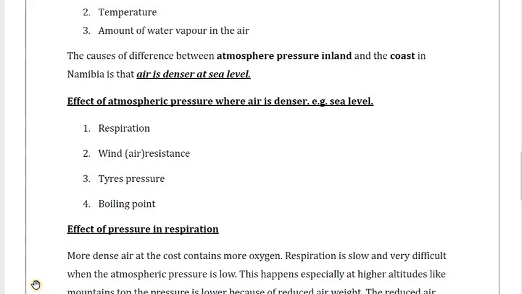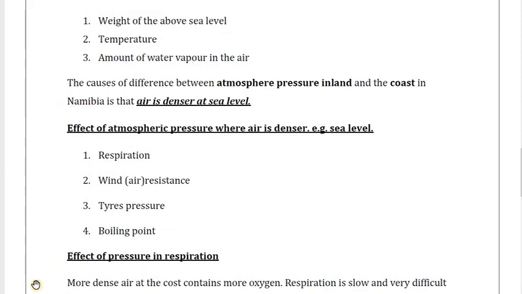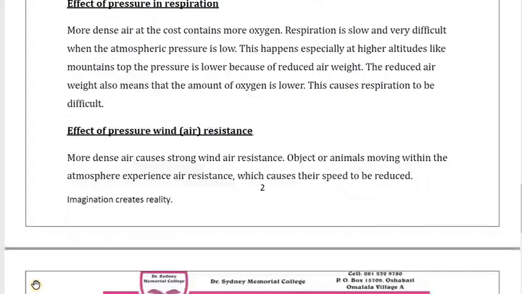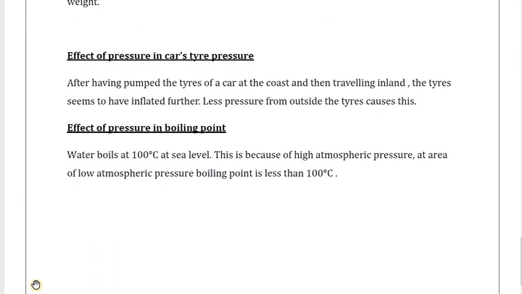It says here, air is denser at sea level, at the coast. So if you go to the coast, to Walvis Bay, Swakopmund, those areas, the amount of air pressure there is much more as opposed to what it is here in the north, right? So we'll talk about that also in the lesson, right?